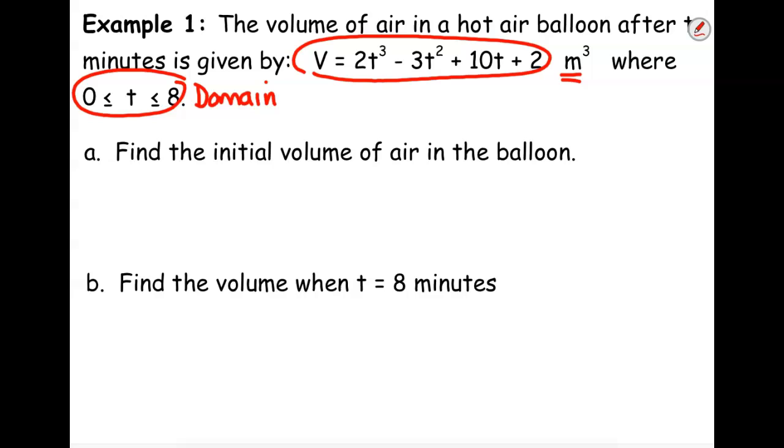Part A is find the initial volume of air in the balloon. So what we're asking you to do is to evaluate the function for time of 0. So we say the volume at time 0, we're going to replace the t with 0.